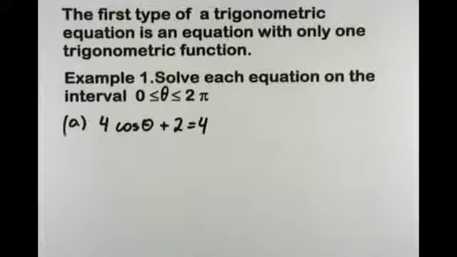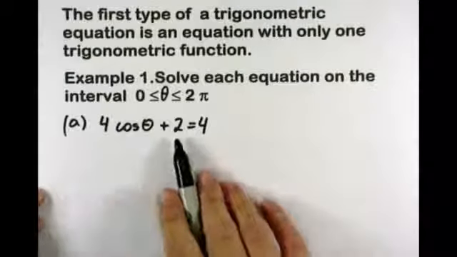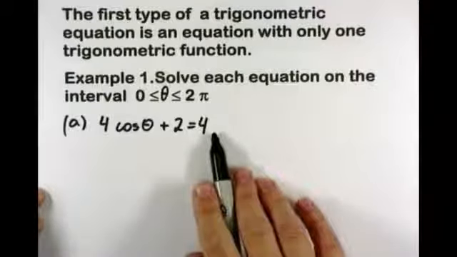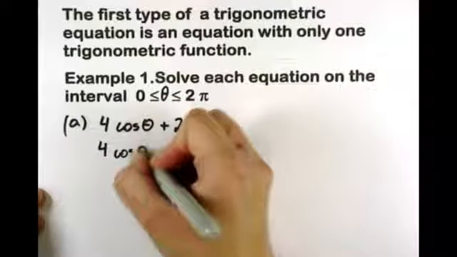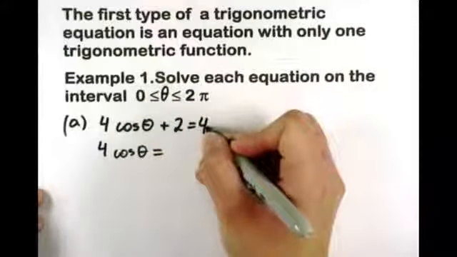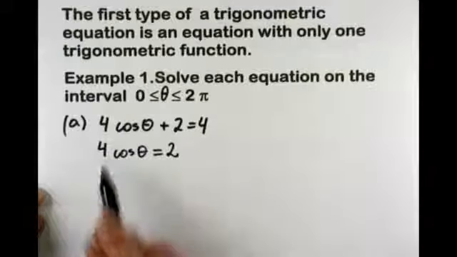First we isolate cos theta. We need to get cos clear. So first bring this 2 over to the other side. This gives me 4 cos theta is equal to 4 minus 2, which is 2. And then we divide by 4.